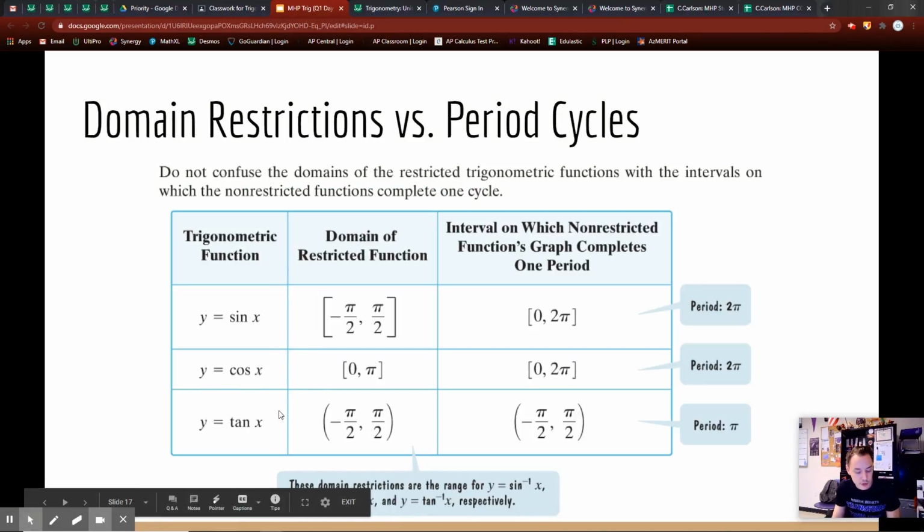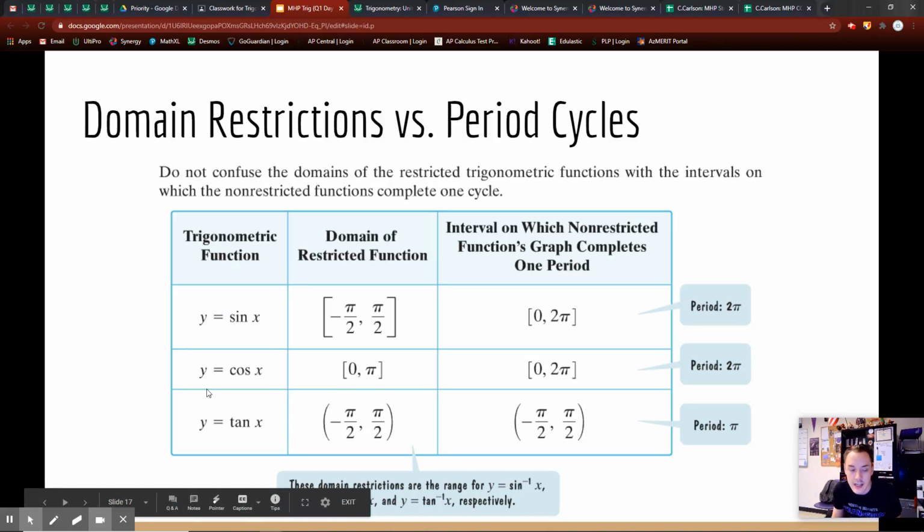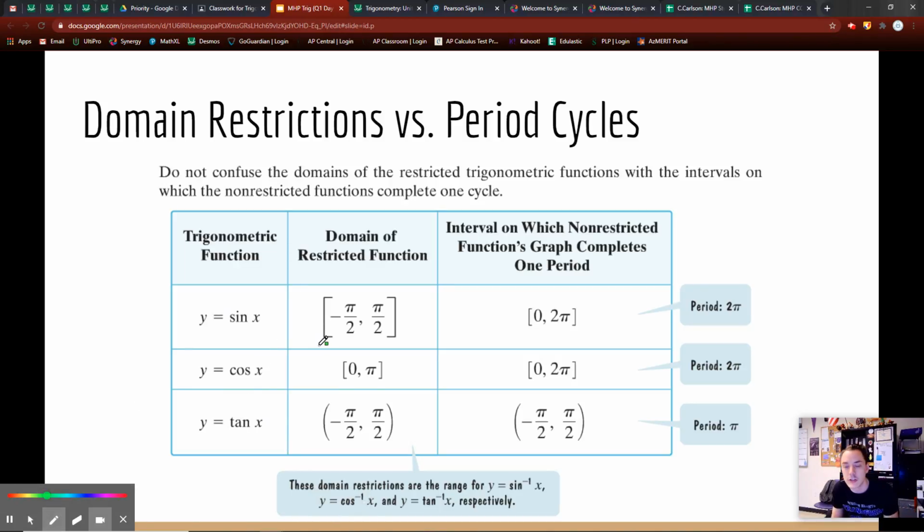So this is a helpful screen. And the reason why this is helpful is because it challenges you to understand really what trig is about. So there is a difference between domain restrictions and period cycles. So remember, the period of sine and cosine is 2 pi, okay? An interval in which non-restricted function graphs complete one period. It's 2 pi.